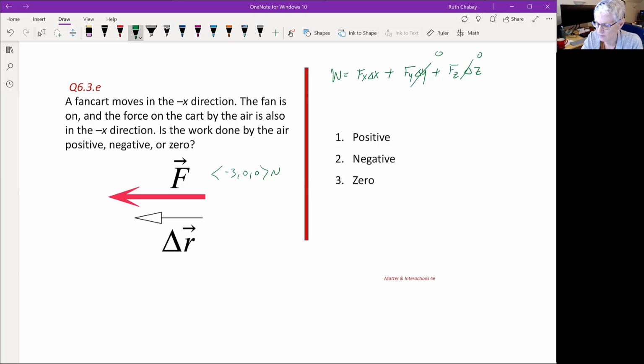So let's say it goes from negative 3 meters to negative 5 meters. Then delta x is negative 5 minus negative 3, which is negative 2 meters. So we'd have something like negative 3 newtons times negative 2 meters, which gives us a plus 6 newton meters. Okay, so if you're not sure, make up some numbers, because that's how you can tell.